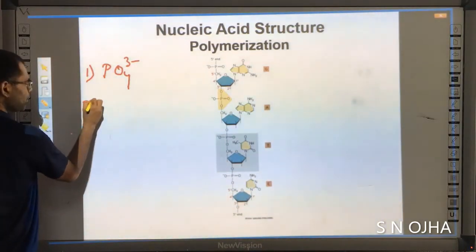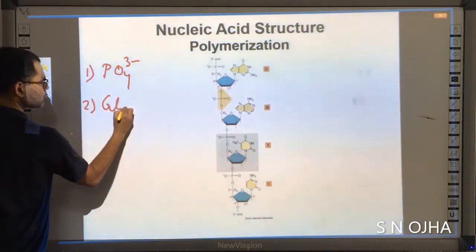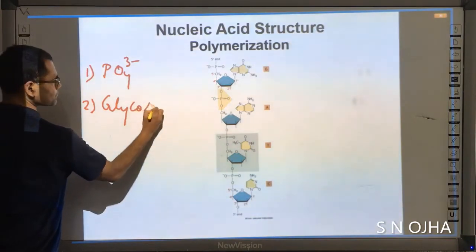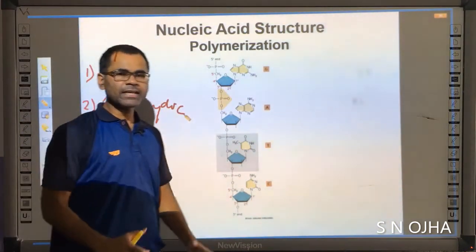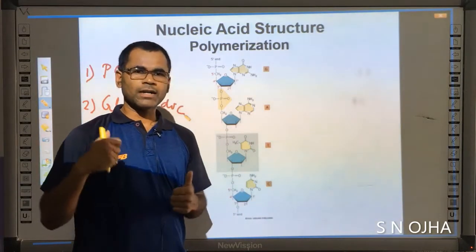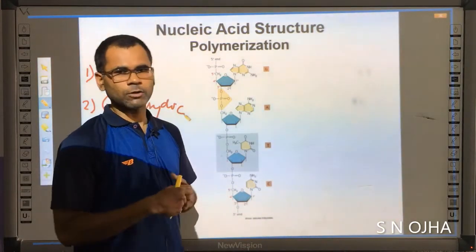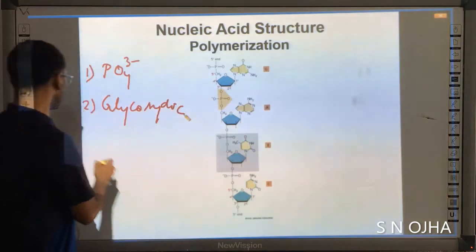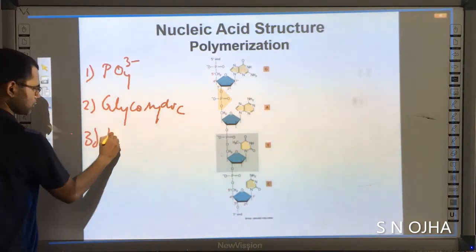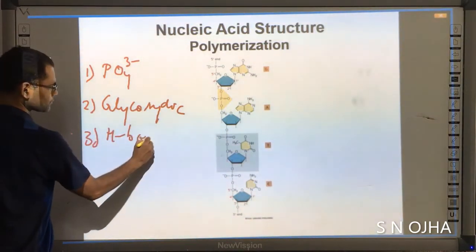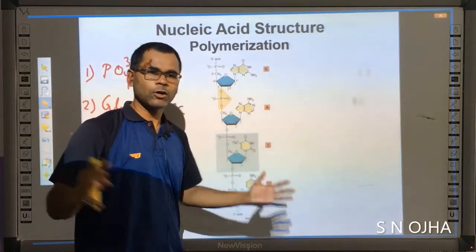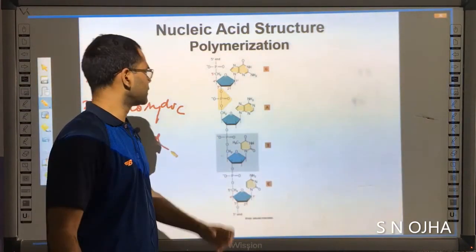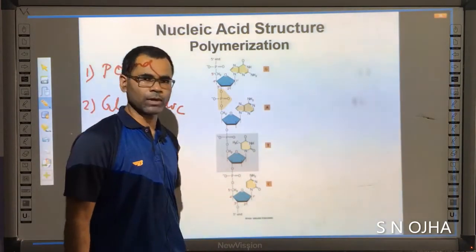The second bond is called the glycosidic bond, which is responsible for linking a nitrogenous base to a sugar molecule. And the third bond is called the hydrogen bond, which connects the two different strands of a DNA. Let us discuss from this diagram one by one.